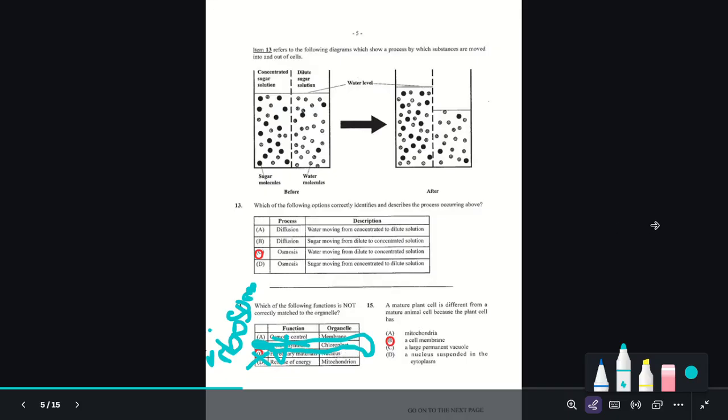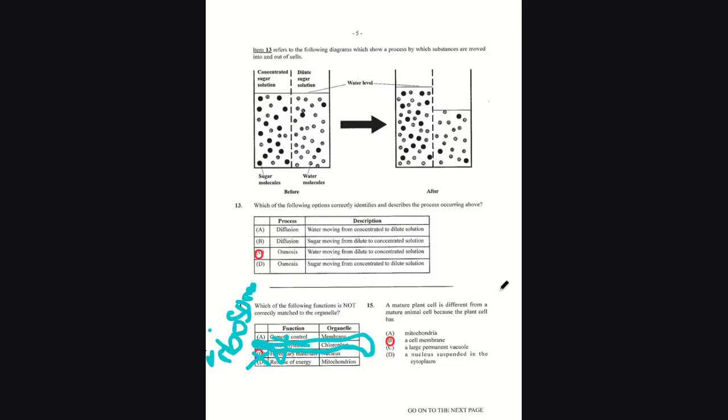Alright, number 15. A mature plant cell is different from a mature animal cell because a plant cell has, let's read it one more time.